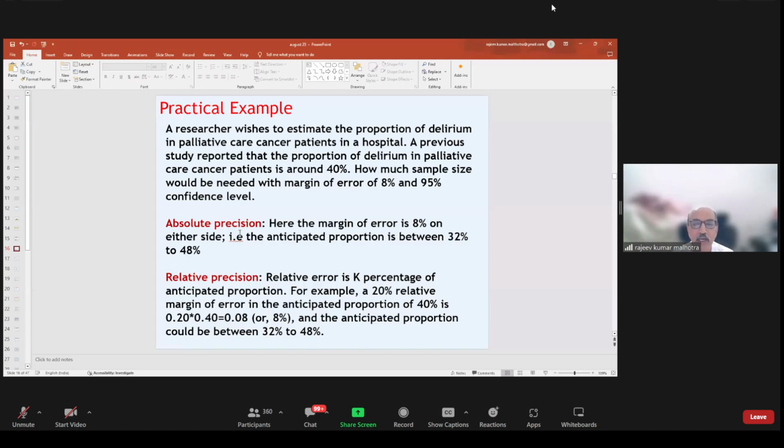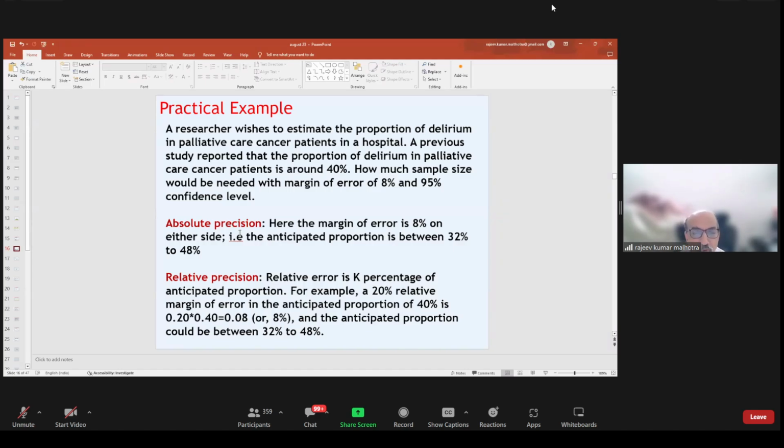Then we come to the relative. Relative percentage precision means the relative error is k percent of the anticipated proportion. For example, if we say 20% relative margin of error of an anticipated proportion of 40%, that means we are expecting our margin of error to be 20% of 40%.